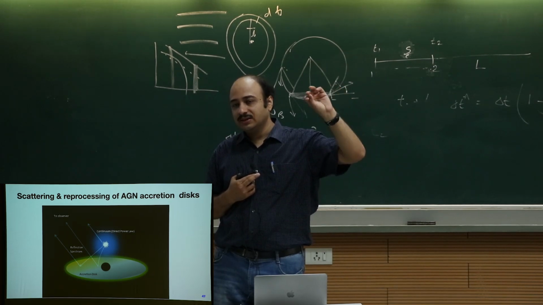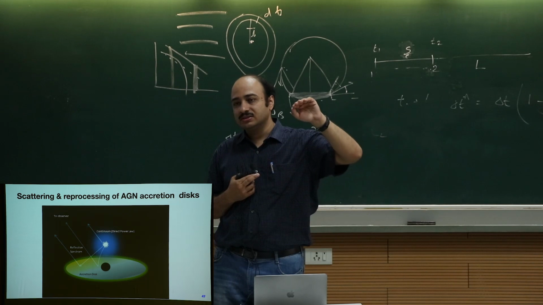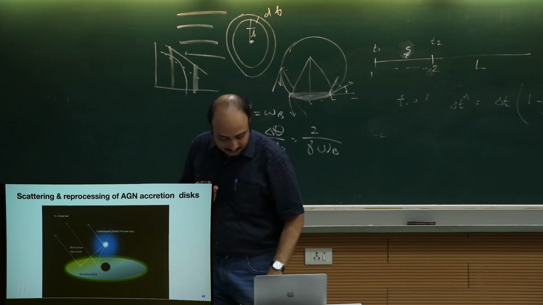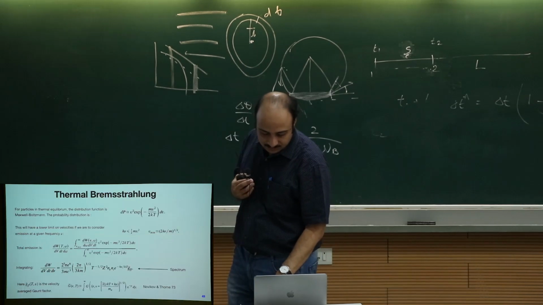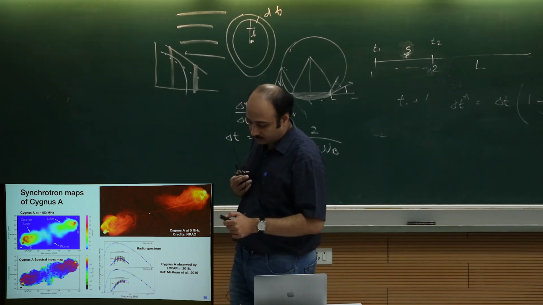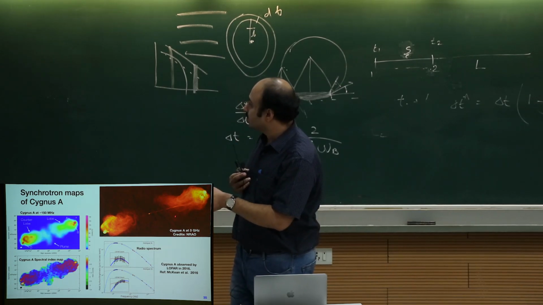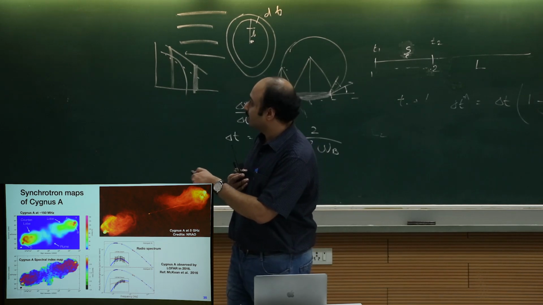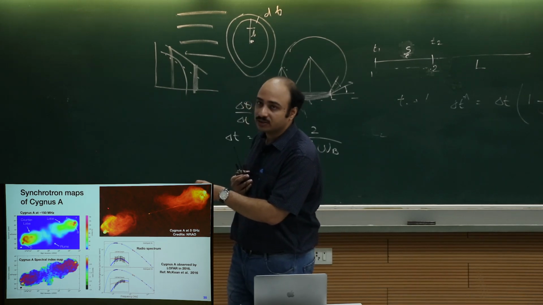That would depend on whether the electrons remain relativistic or not, because the electrons are cooling down. All this jet stuff that I showed, you're not seeing synchrotron radiation from here and here, although there probably are electrons flowing down and coming here.